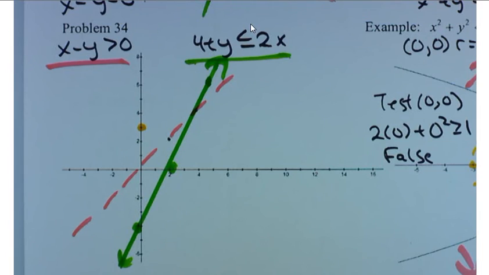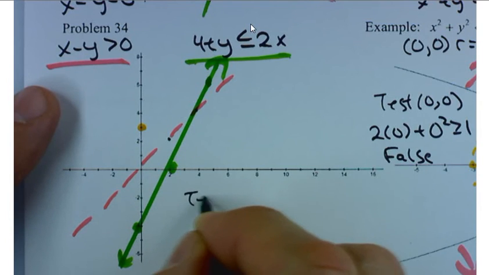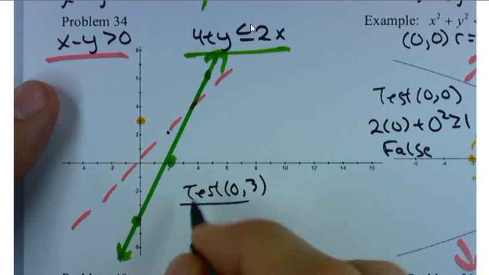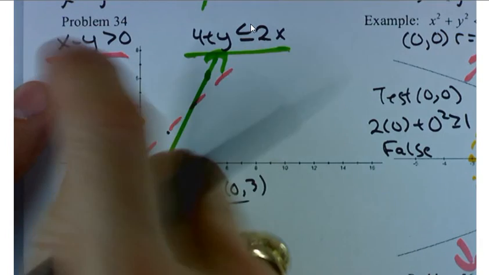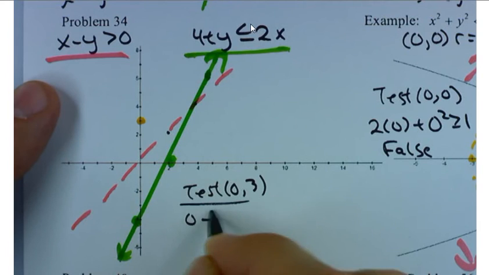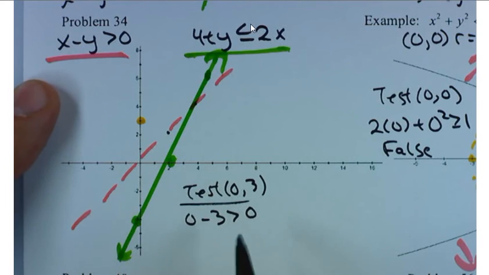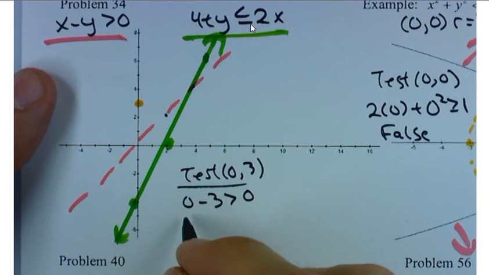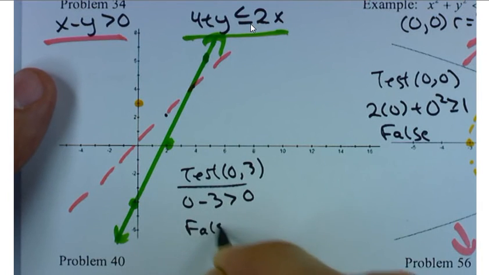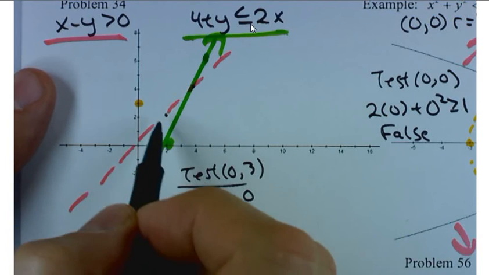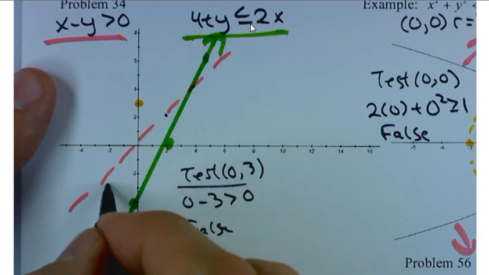So I'll test 0, 3 in x minus y is greater than 0. So is 0 minus 3 greater than 0? True or false? False. So that lies above this line, so I need to shade below that line. So down here.